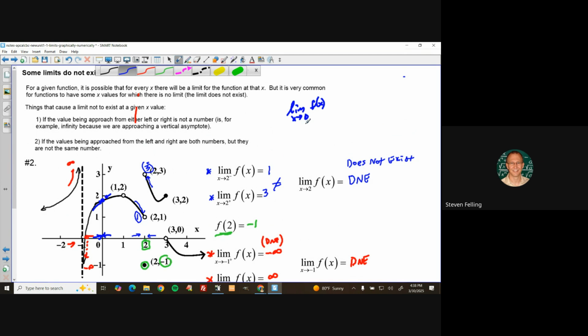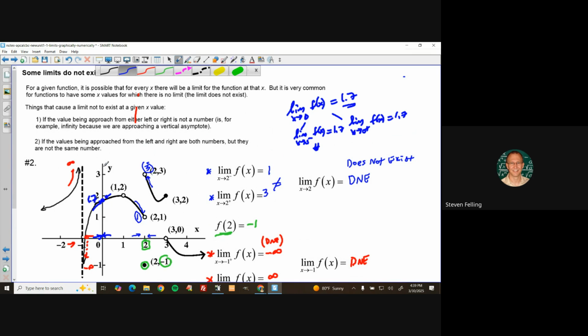In other words, maybe I could say this is equivalent to saying limit as x approaches 0 from the left of f of x, and I get some number, whatever this number is. Let's guess that it's 1.7. Okay. And then I check on the right, the limit as x approaches 0 from the right of f of x is also that same number, 1.7, and that means we can declare this limit as 1.7, right?